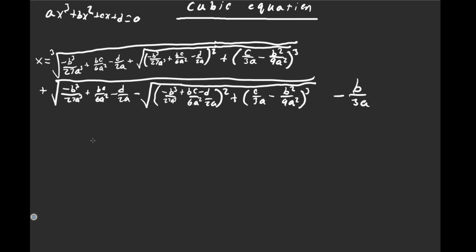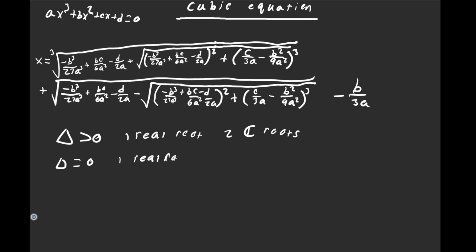So right now, what I will say is that when the discriminant is greater than 0, it has one real root and two complex roots. If the discriminant is equal to 0, then it has one real root and a repeated root.